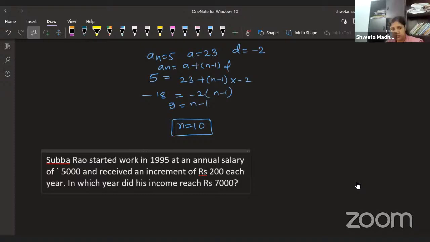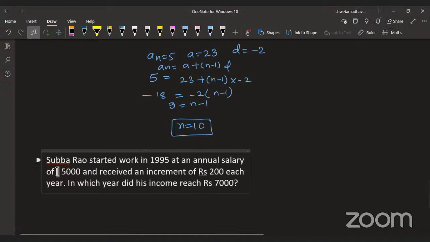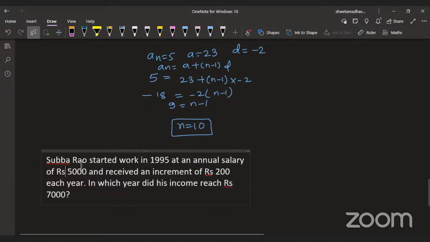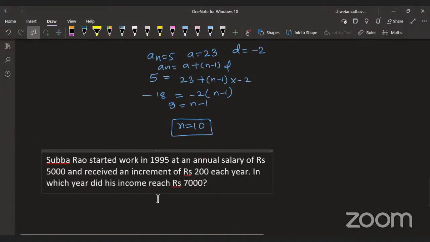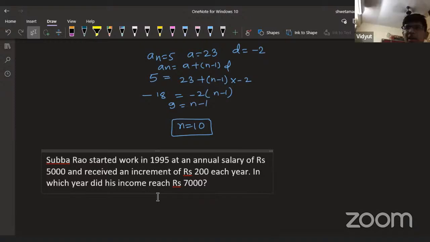What's the value of this? 2006. What? Is it 2006? Ma'am, it's 11.